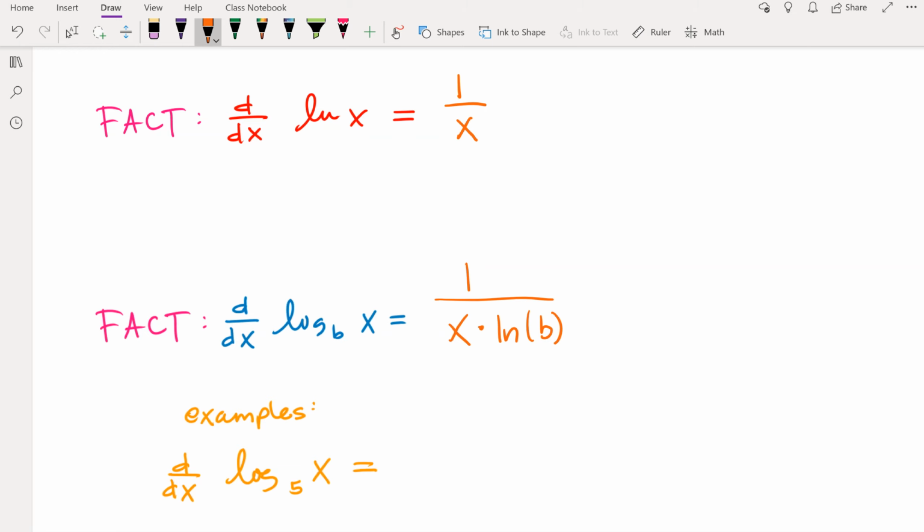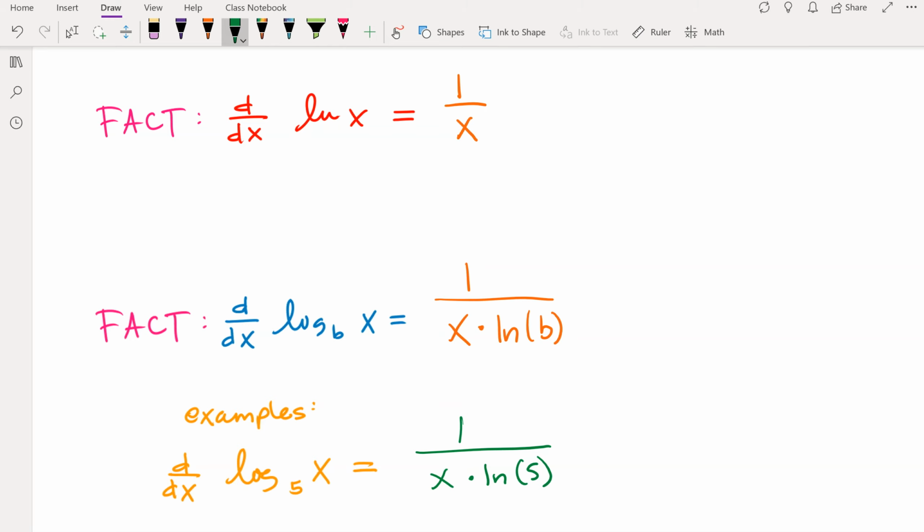So it has the 1 over x, similar to the natural log derivative, but then you divide by the natural log of b, and that's when you have a base other than e, because the natural log base is e, right? Okay, and let's do one example. What is the derivative with respect to x of log base 5 of x? It would be 1 over x times natural log of 5. Done.